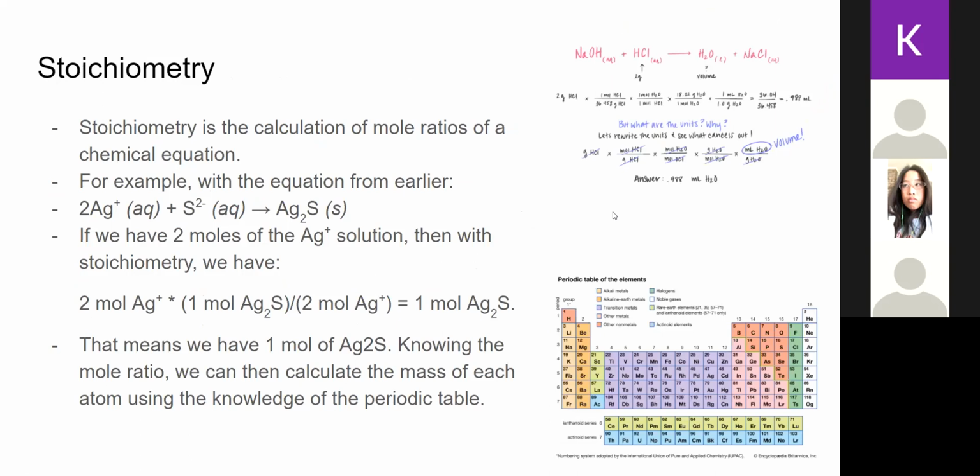Stoichiometry, if you might remember, is the calculation of mole ratios of a chemical equation. So what does that mean, right? You look on the periodic table. This is a pretty bad example of a periodic table. It's missing the molar mass, but usually there's going to be a number with 2 decimal places behind it. That's going to be its molar mass, in units of grams over moles, right?